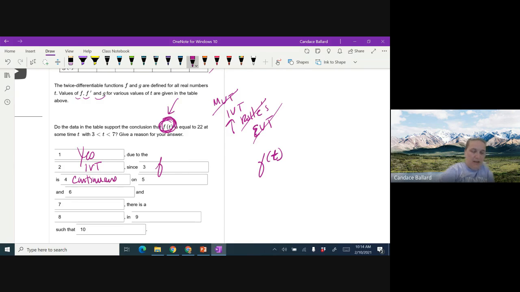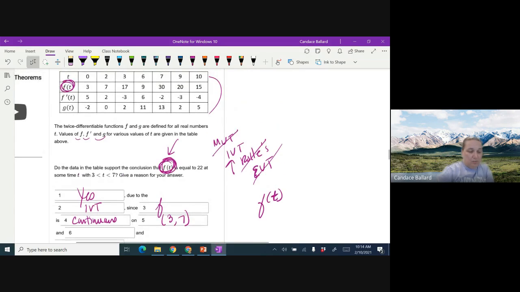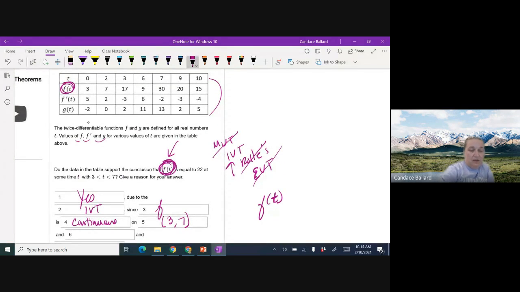And then you literally restate the interval. The way I restated it was with parentheses. If you happen to use inequalities, that's fine, it just wouldn't have auto-graded correctly, okay? So I used my interval notation. All right, now I need to actually test this. I don't have a function to plug into, so the only thing I can plug into is my table, okay?